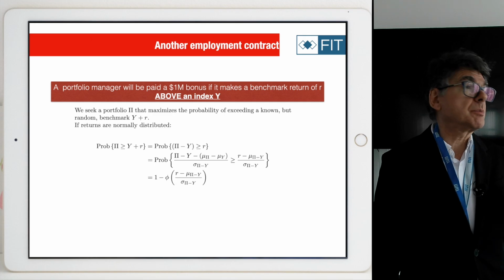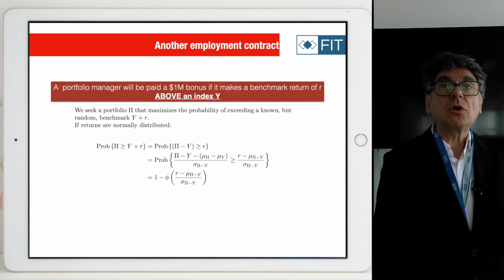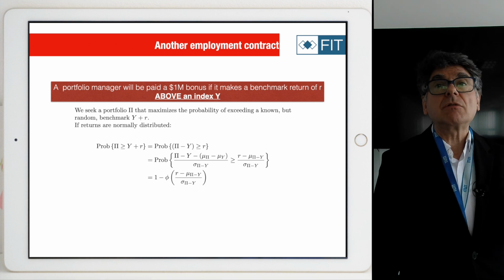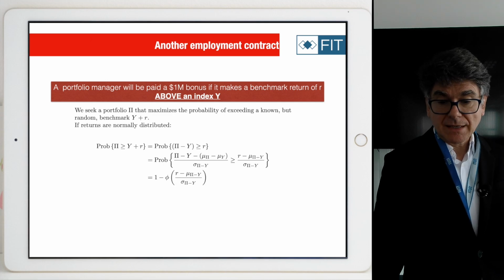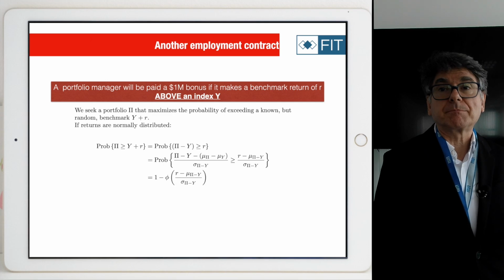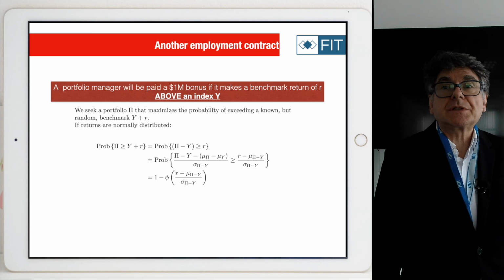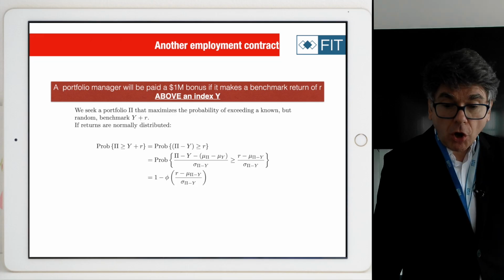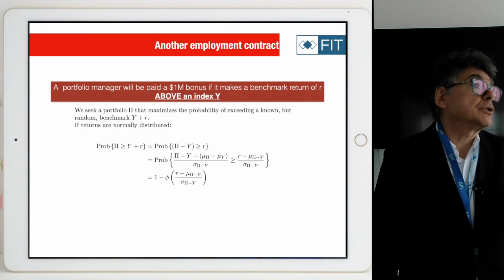The benchmark I know, the portfolio I don't, doesn't matter. But I bring all of my random variables together. And then that new random variable called pi minus y will have its mean and its sigma. And I don't know either of them. I still call them a Greek letter, mu and sigma. I put a subindex so we know it's the sigma of pi minus y, which I don't know.